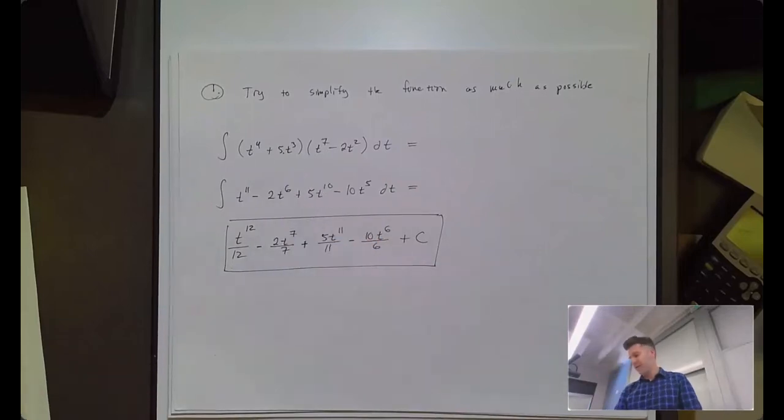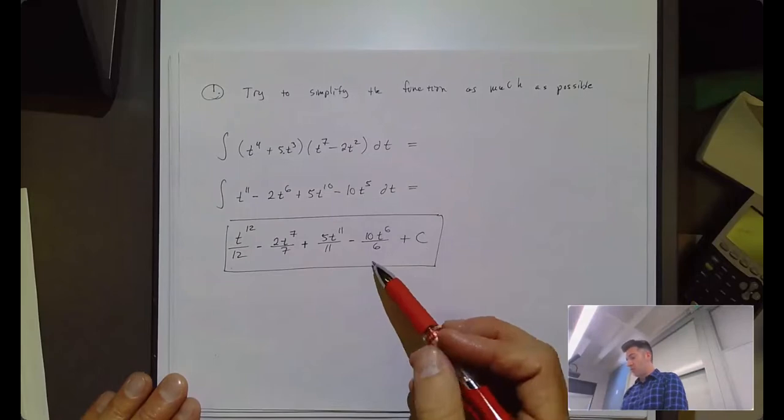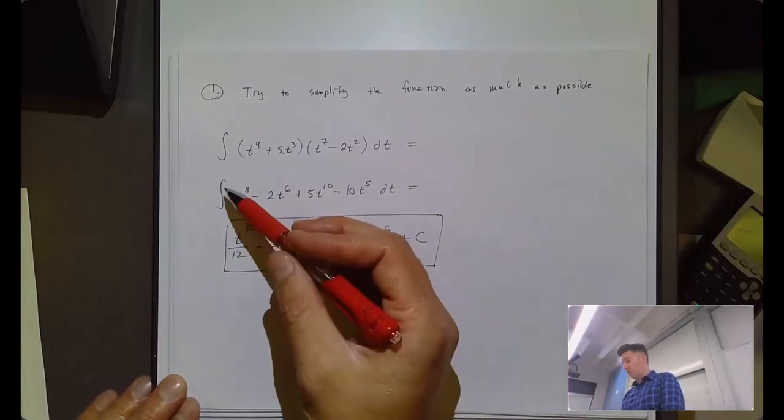I feel like I might have said this before, but when you antidifferentiate something, once you actually find the antiderivative, you no longer want or need to write the integral symbol or the differential.